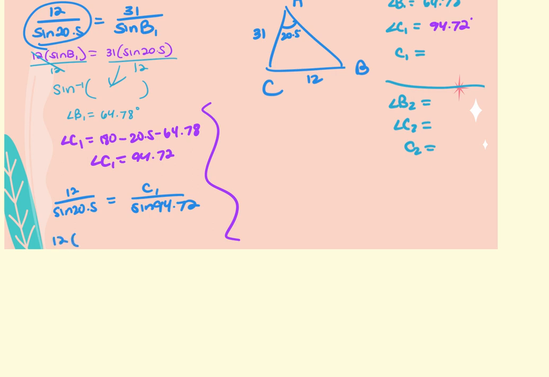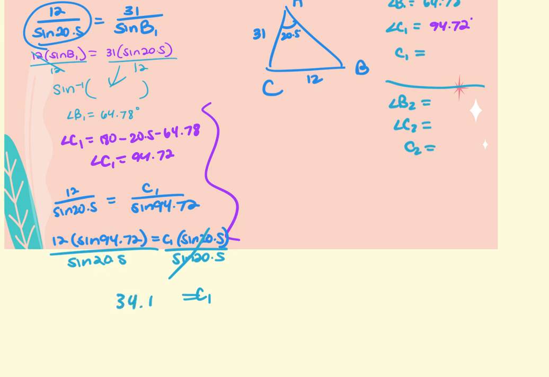Cross multiply, and divide. Sine 94.72. Make sure you close the parentheses. Divided by sine of 20.5. And I get 34.15.